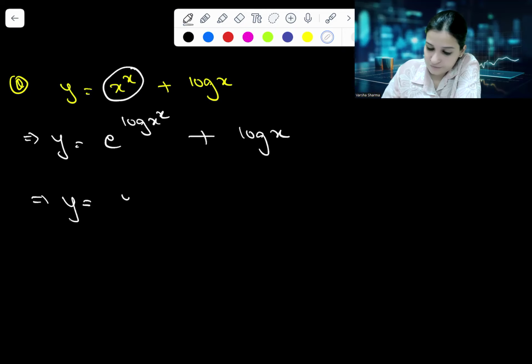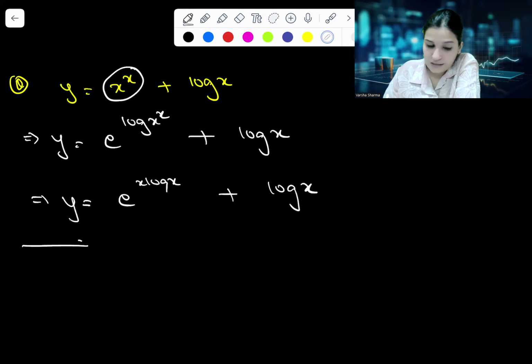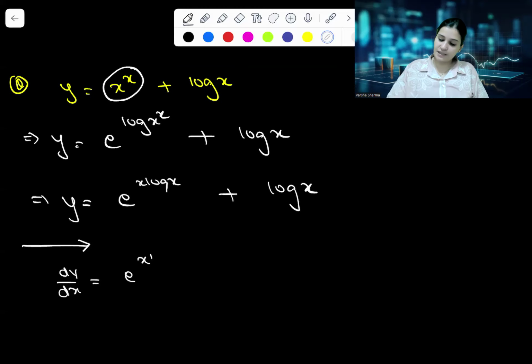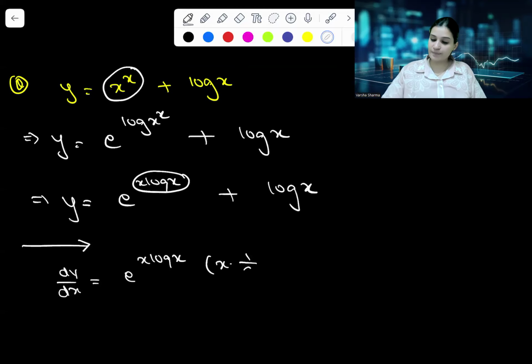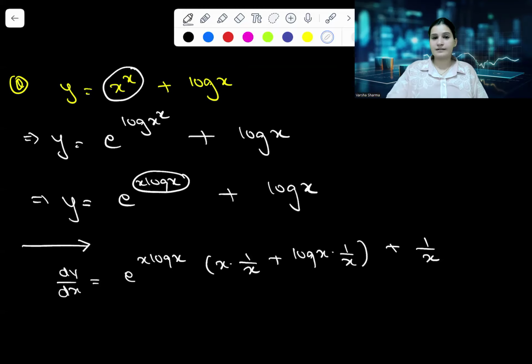Power comes to the front. Now we can differentiate this. Differentiating both sides, y becomes dy by dx. e power x becomes e power x. Applying chain rule here: leaving x, log x becomes 1 by x. Leaving log x, x becomes 1 by x. Plus log x is 1 by x.